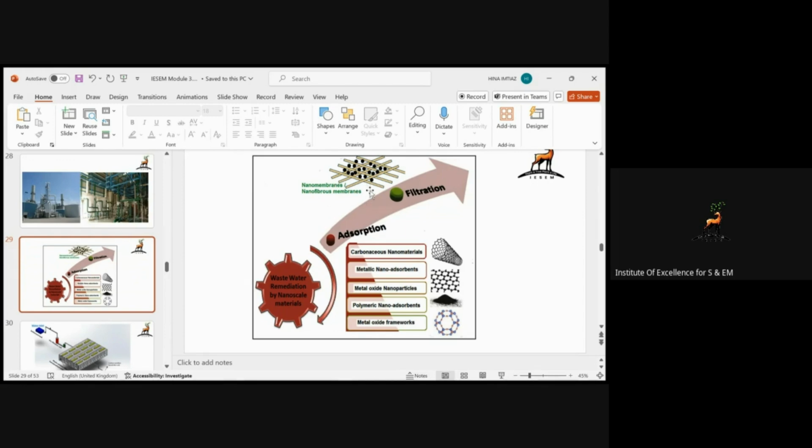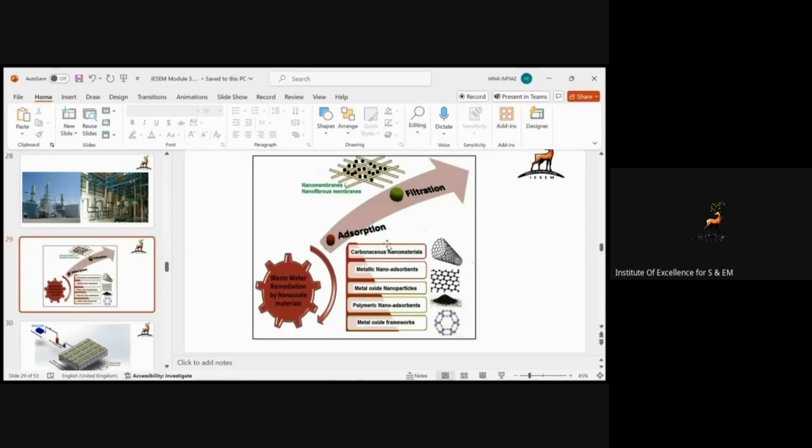Basically, nanofibrous membranes have certain types of nanoparticles impregnated on their surfaces, so the surfaces are coated with nanoparticles. The nanoparticles come in contact with the wastewater, and on the other side you will have clean water.